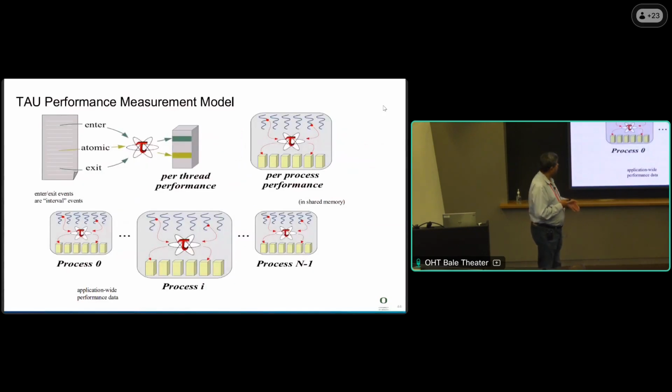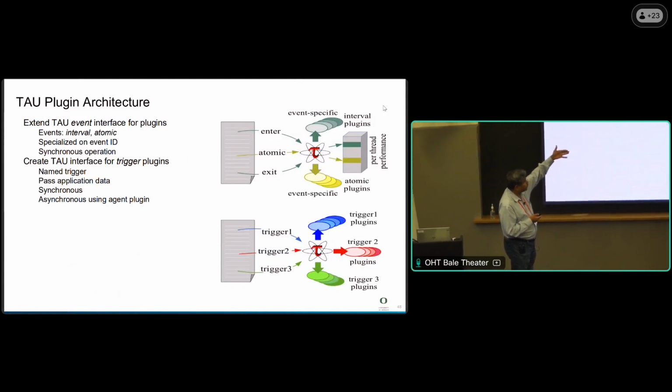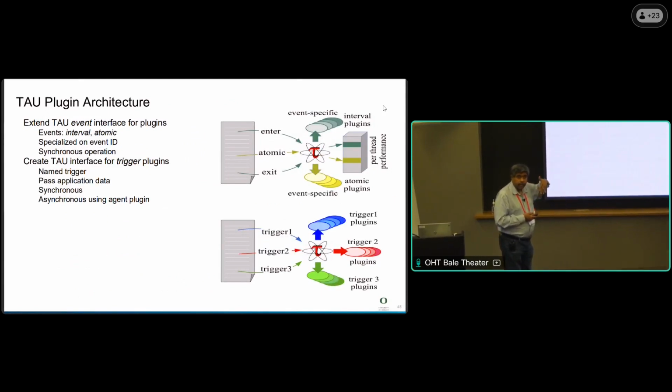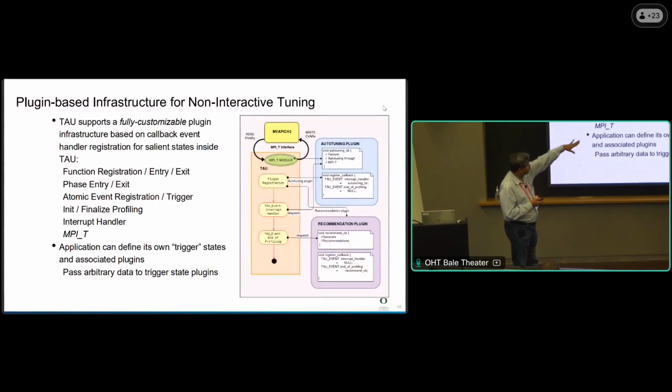And with this model where we have a plugin, you can then use this to extract information about entry and exit and key events that take place, and then provide that to the plugin like this. So you can have a plugin observe the events that take place in TAU, and then it can perform actions.